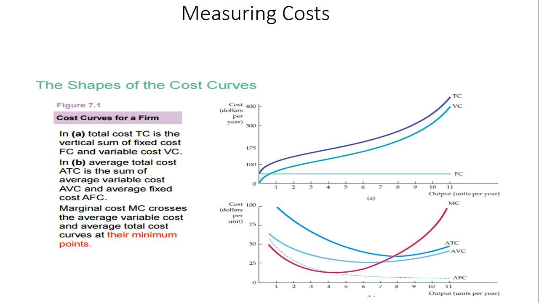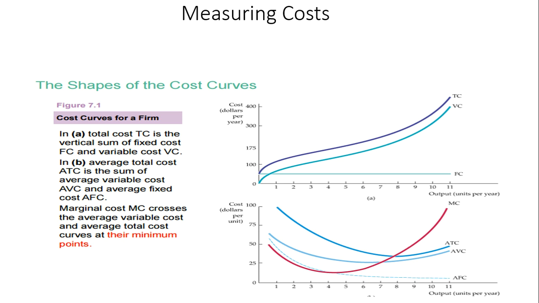Okay, so one thing is that total cost will always start a bit higher, because of the 50 coming from the fixed cost. But with the variable cost, it's going to start from the origin. Why? When output is 0, variable costs are equal to 0.